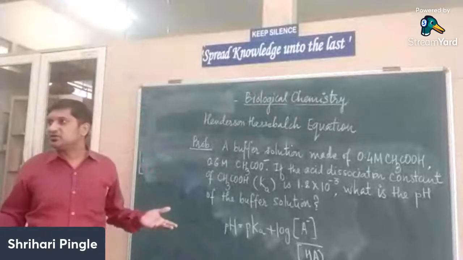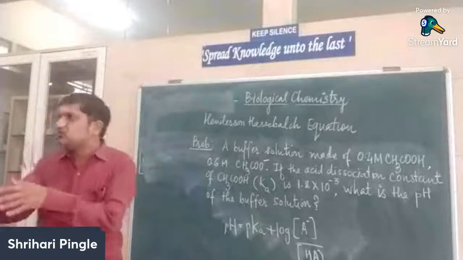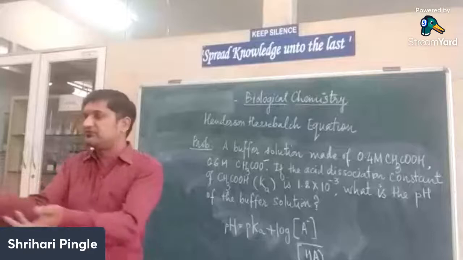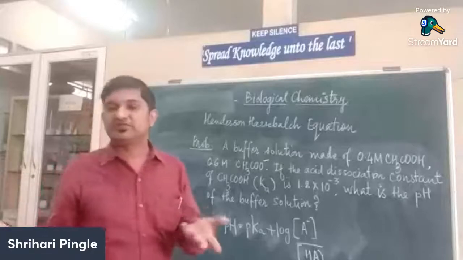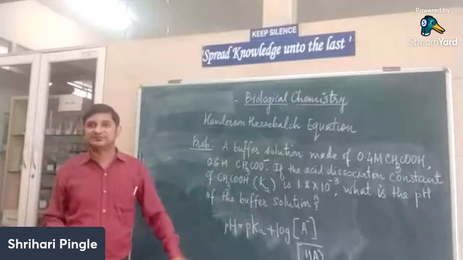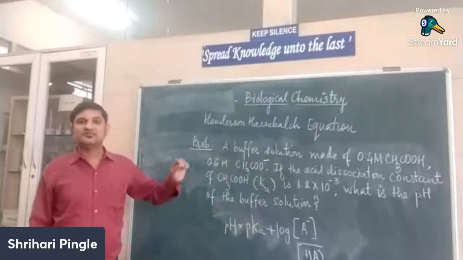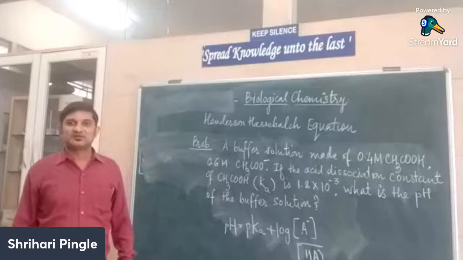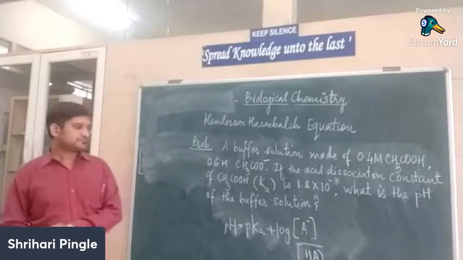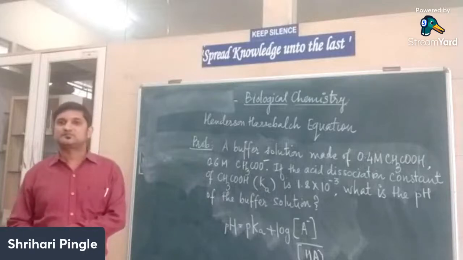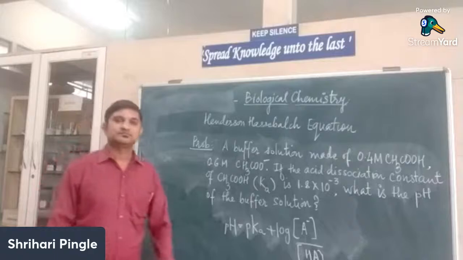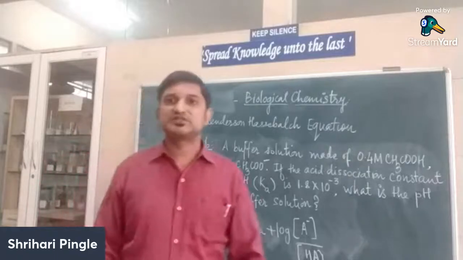Simple formula. So probably you may not be able to calculate the logs, maybe with the mobile phones that you have, you might not have scientific calculators, that's all right. But at least try to put the values. Where would you put what values? YouTube people, you also can do the same.